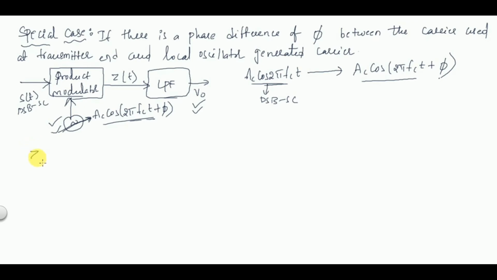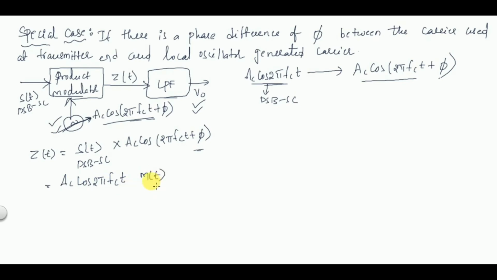So z(t) is given by s(t) of DSB-SC multiplied by Ac cos(2πfct + φ), because there is a phase difference of φ. The DSB-SC signal is Ac cos 2πfct into m(t), at the modulator end.